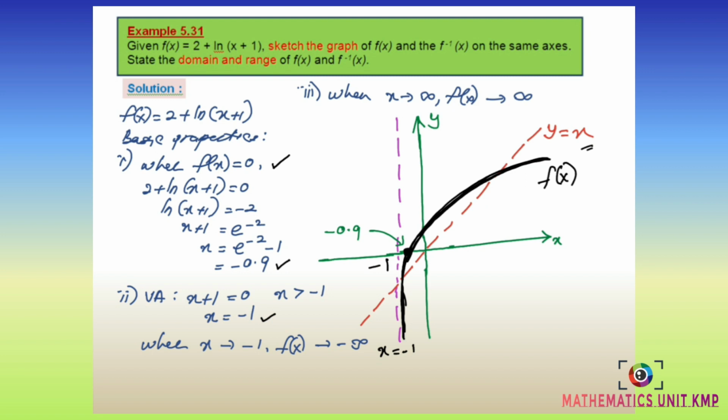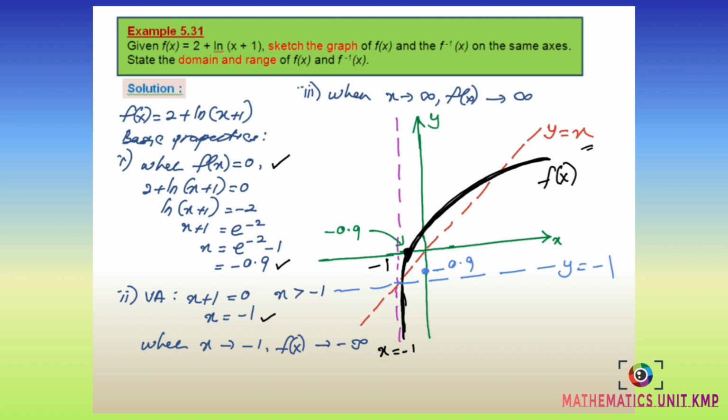We can sketch the graph of f inverse by reflecting the graph of f(x). When f(x) has a vertical asymptote, the inverse has a horizontal asymptote at y = -1. When f(x) intercepts the x-axis at -0.9, the inverse intercepts the y-axis at -0.9.